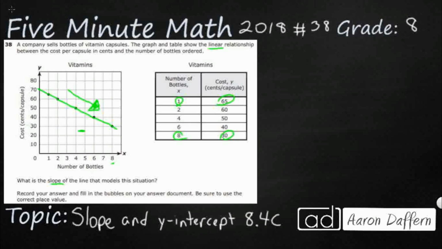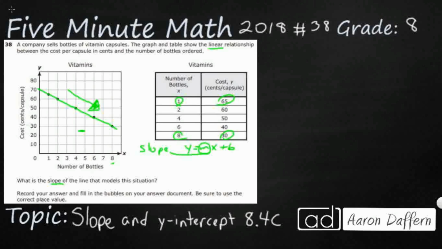So let's talk about slope. Slope, if we are looking at it in the slope-intercept form, is going to be y equals mx plus b, right? Slope is going to be this m, right? It's what modifies that x right there. And we don't even need the y-intercept here.